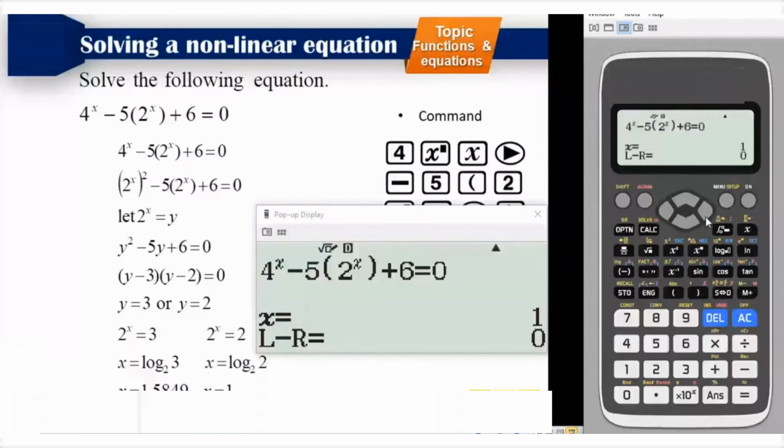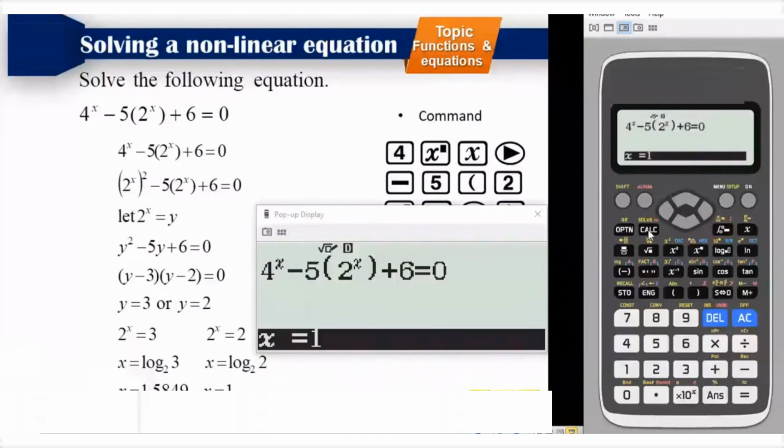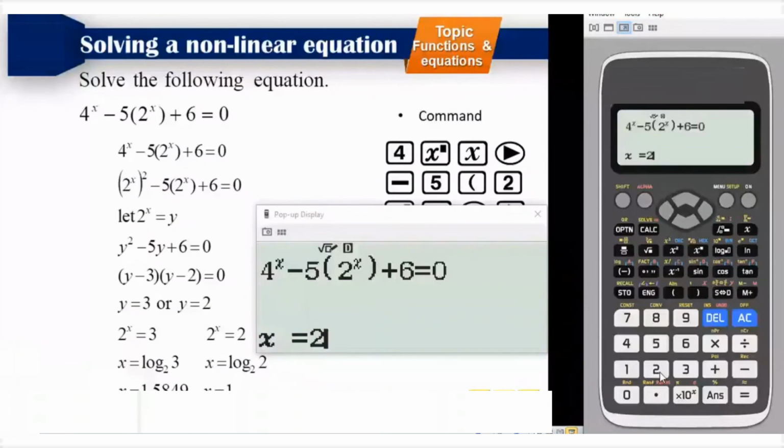So I will press the right key again, and now this time I will press shift and calculate, and instead of x as 1, let's say I wrote x as 2. I have taken one value greater than 1 to check whether there is some other value of x or not, and I press equals to.